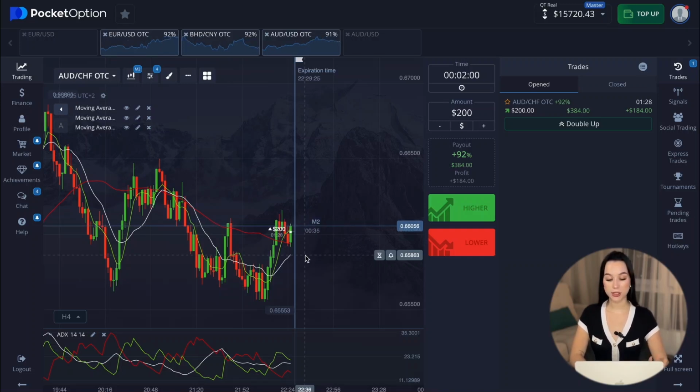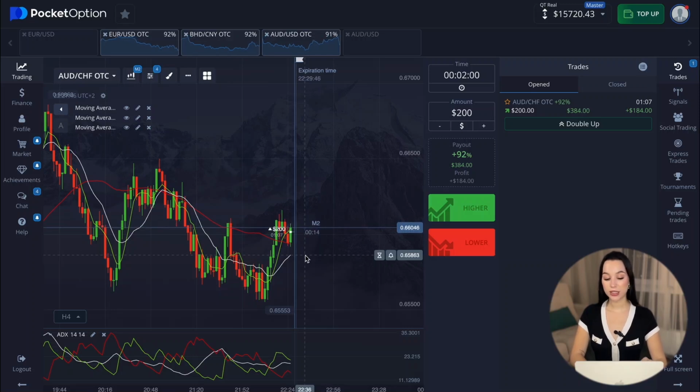So now I will explain to you why I open a trade here for 2 minutes up. We can see that the two lines of moving average intersect each other and go upward in the same direction. It could mean it's the first signal that we need to open a trade up. Also, let's look at the ADX indicator.